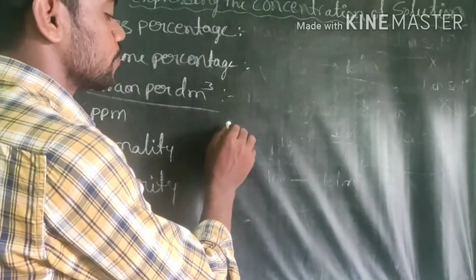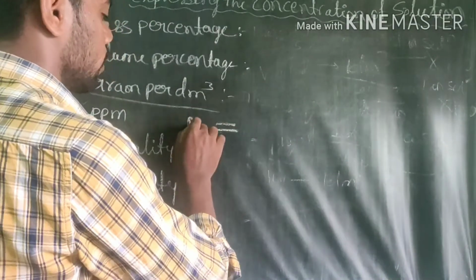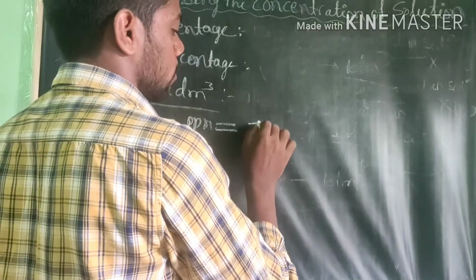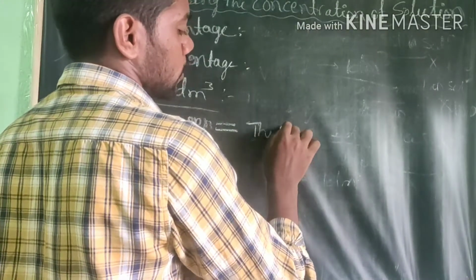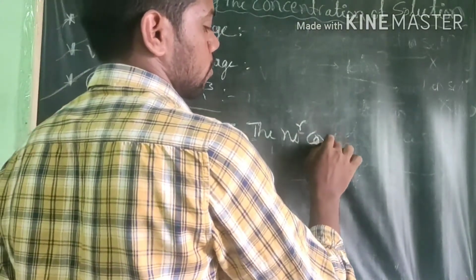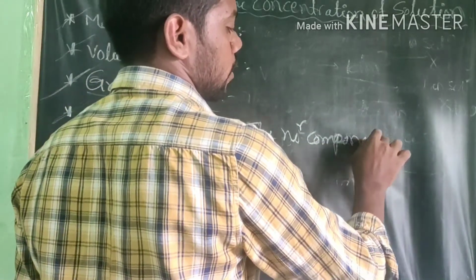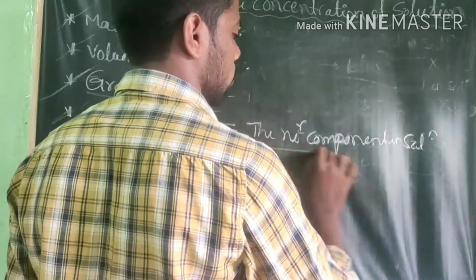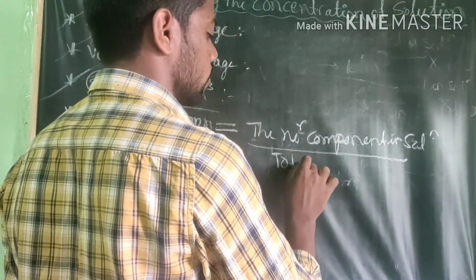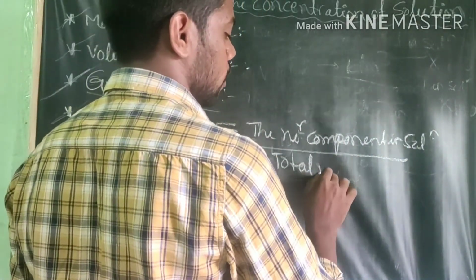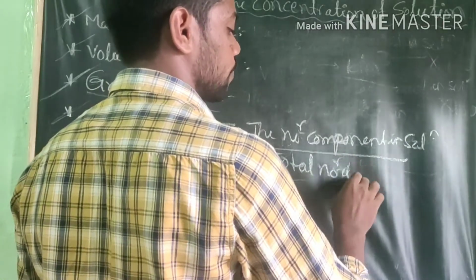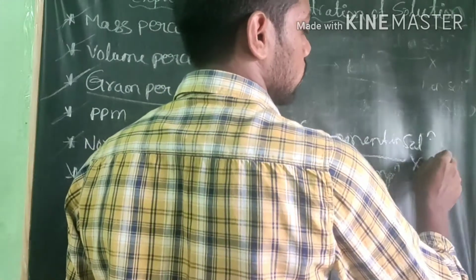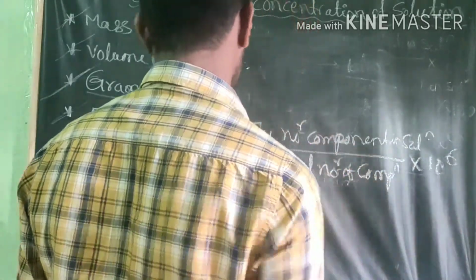Go for the ppm. How to define this ppm? ppm is the number of components in a solution divided by total number of components into 10 to the power 6.